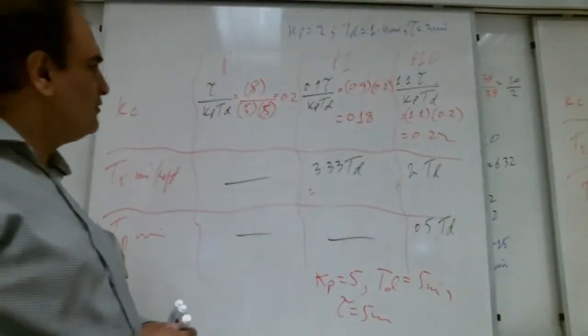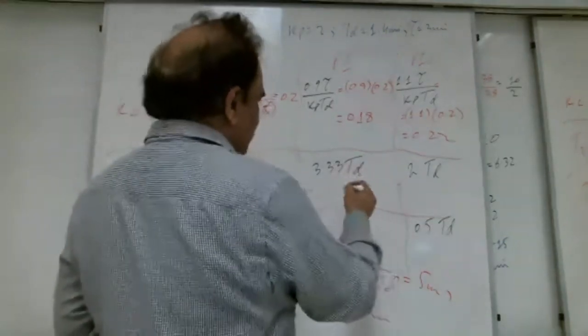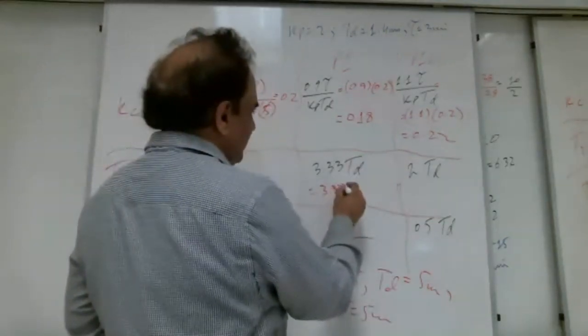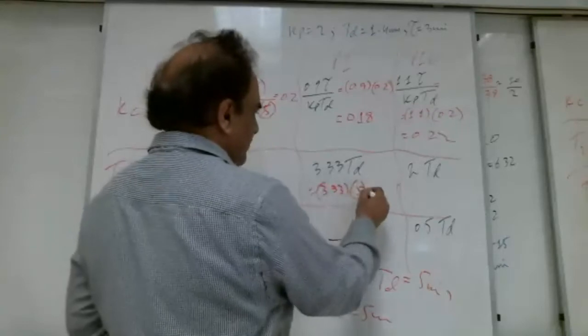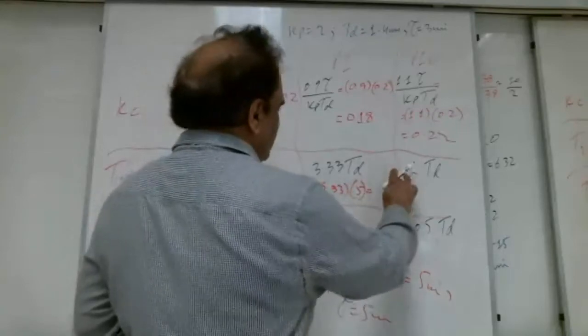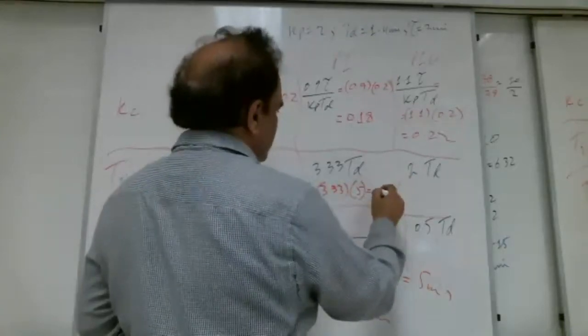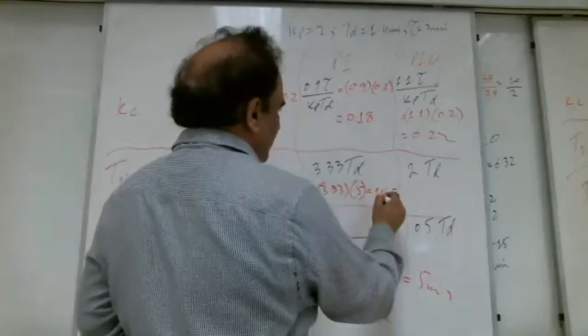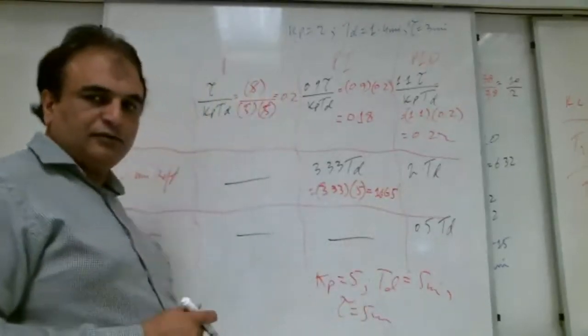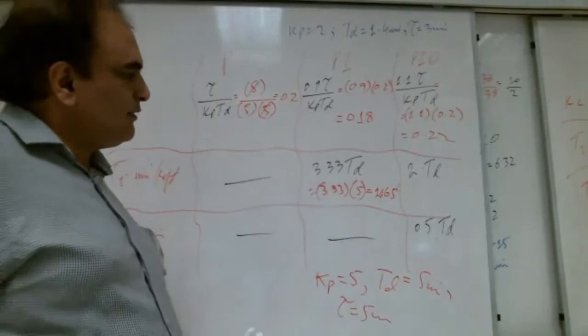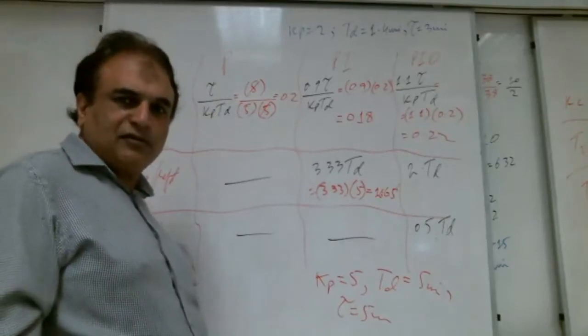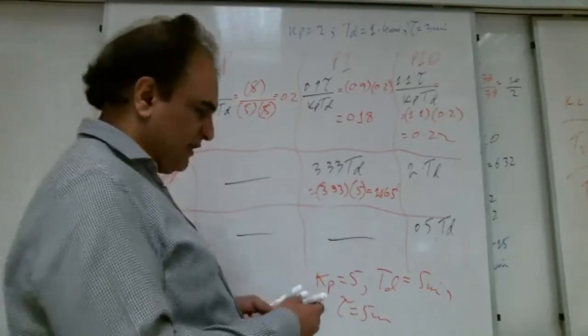Right, Shabab? What is TD? 3.33 into TD 5, how much? A lot of brothers are saying 16.65. Very good.